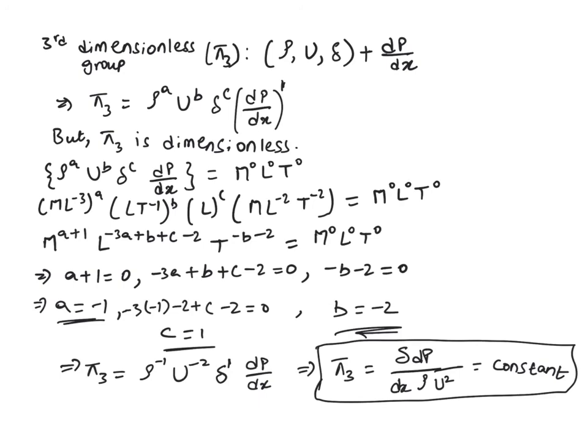Since this is a repeating thing, and from the problem statement it has been given to us that the shear stress is equal to a function of the remaining variables.